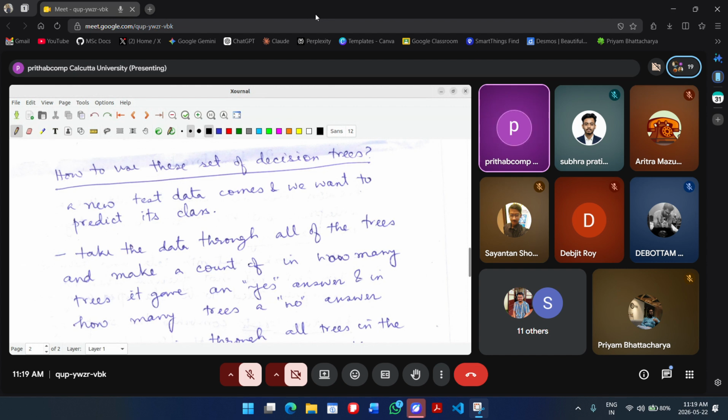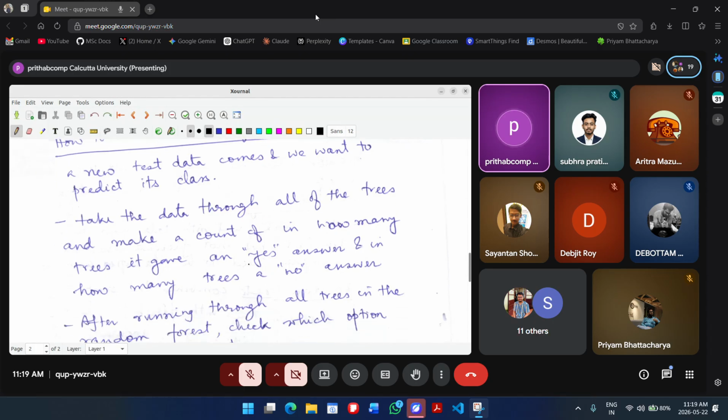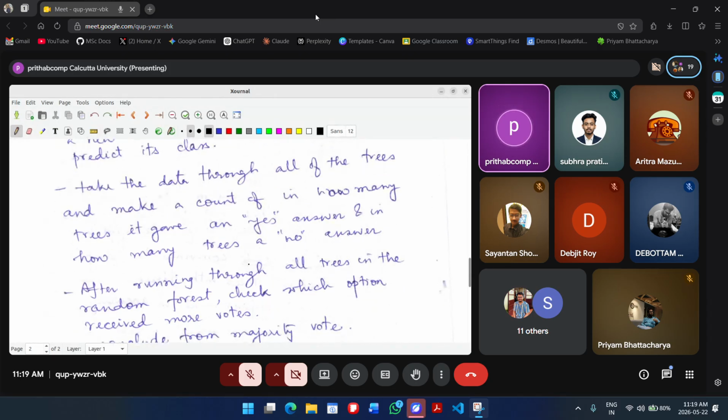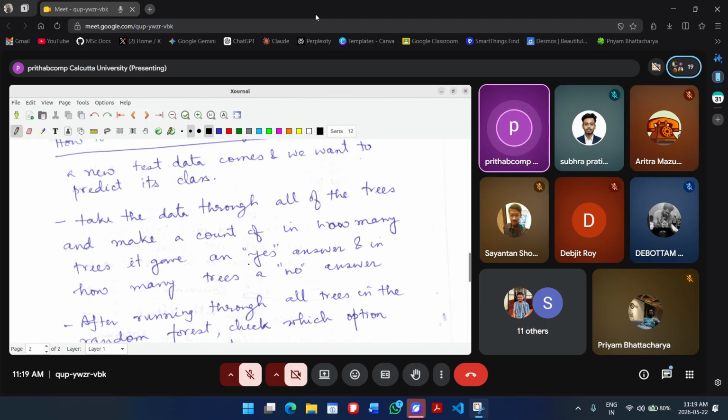Now you use majority voting, meaning that the majority class will become the class of this new data.